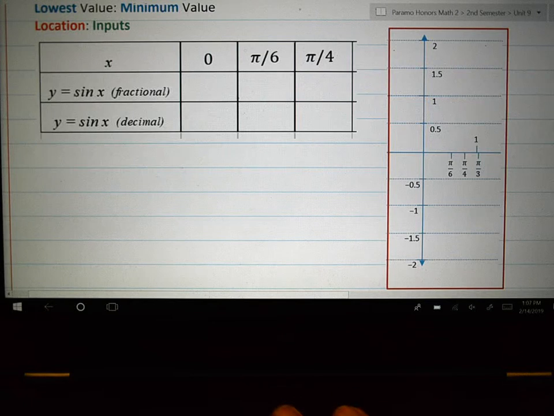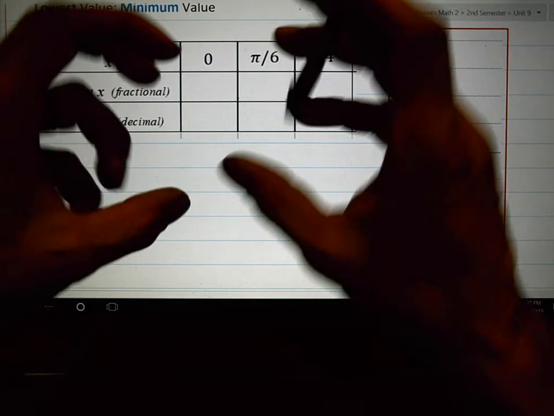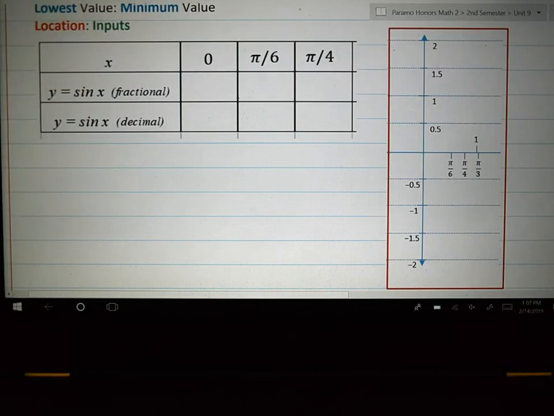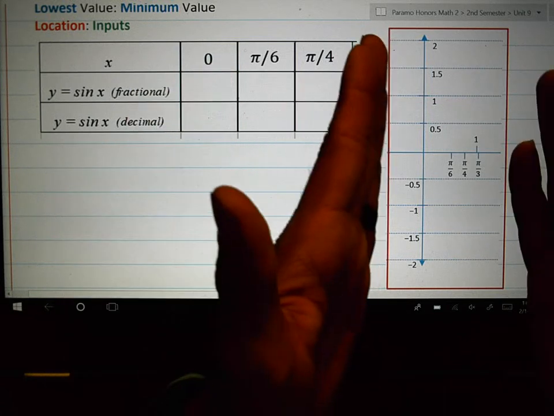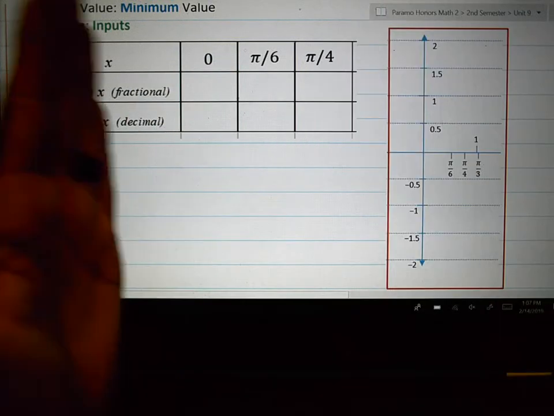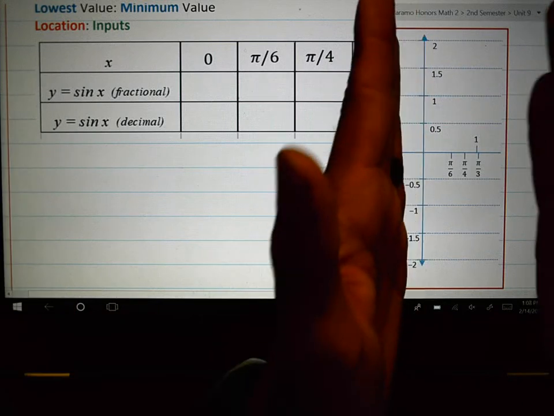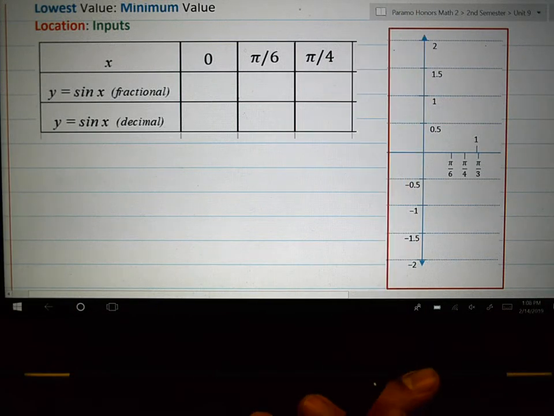And here's how it works. On Worksheet 1, you're going to have 16 boxes. I've only shown you 3. On your graph paper, you're going to go at least all the way out to 2 pi. I've only shown you the first part. This is just to give you an example of what you're going to do on your own with your partner today.